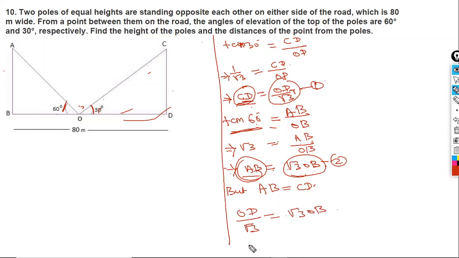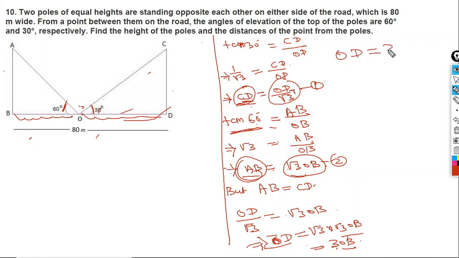Implies OD equal to, you just cross multiply it, root 3 into root 3 OB, which is equal to 3 OB. So OD is equal to 3 OB. Just write it.